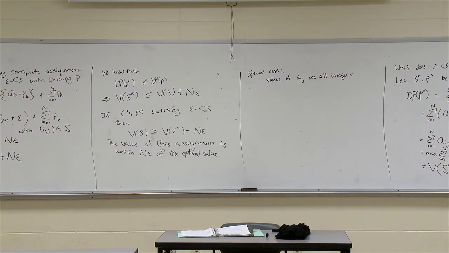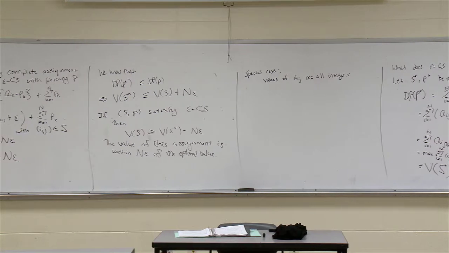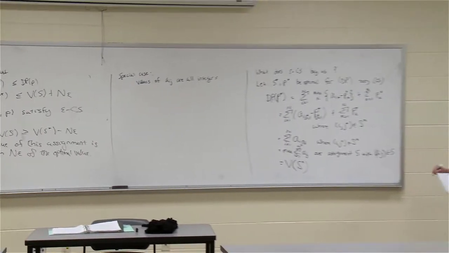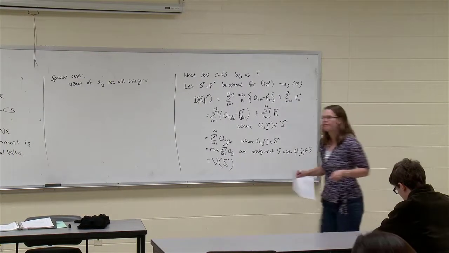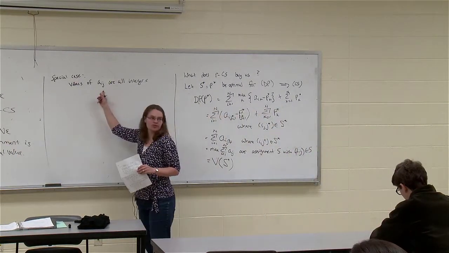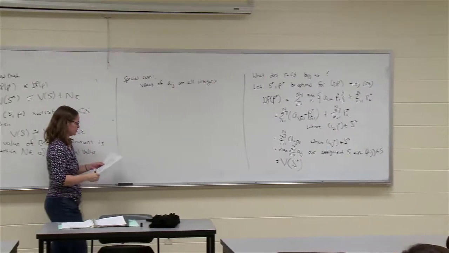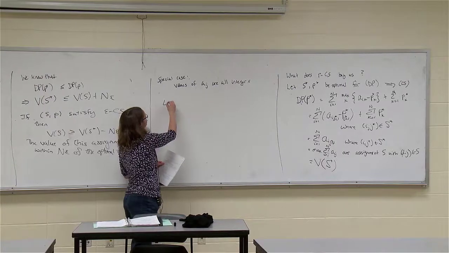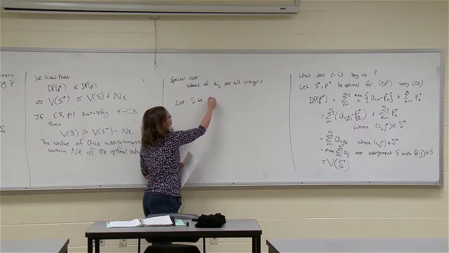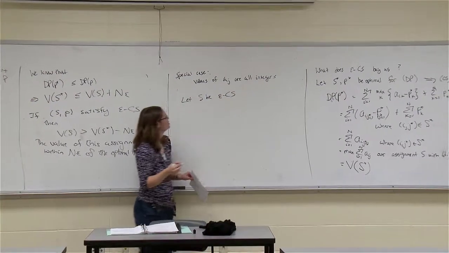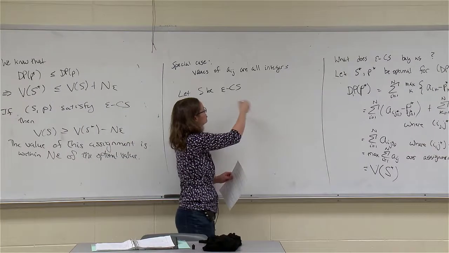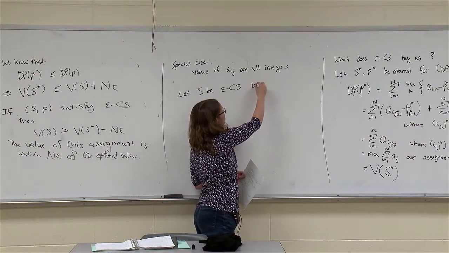You can do this even if they're not all integers, because there's only finitely many different possible values, so they are going to take on a discrete set of values, right? Because there's only n squared different values of a_ij. So what happens here? Let S be an epsilon complementary slackness satisfying assignment, but not optimal.